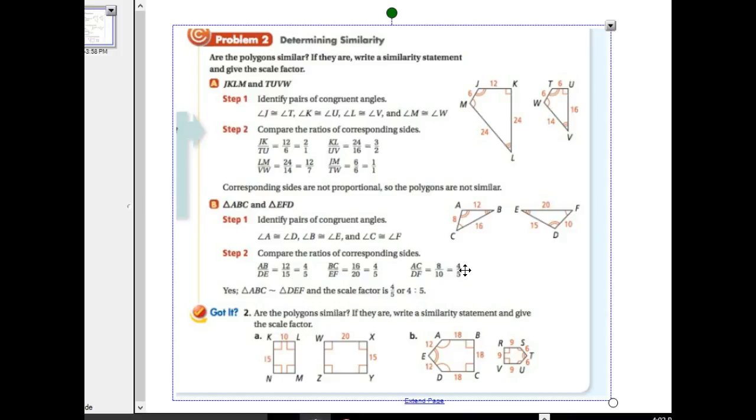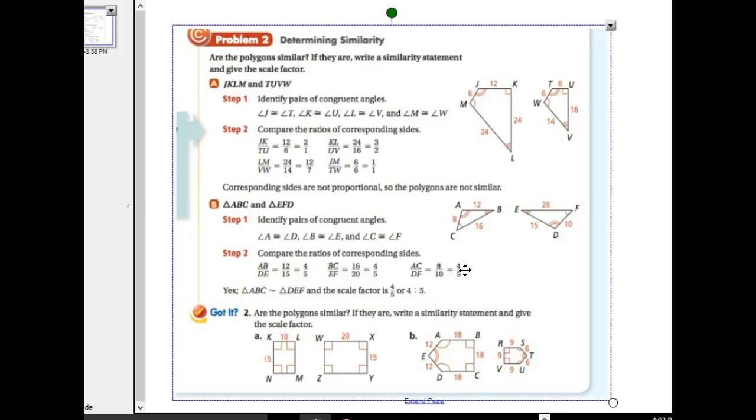Therefore, these two triangles are similar to each other because each of the corresponding angles has a matching angle in the other one, and the scale factor for all of the sides happens to be 4/5, or a 4:5 ratio.